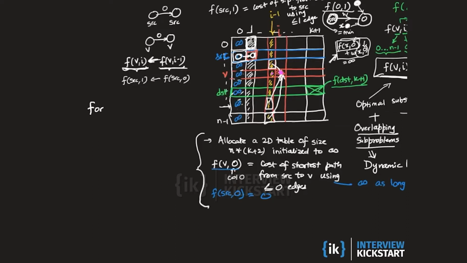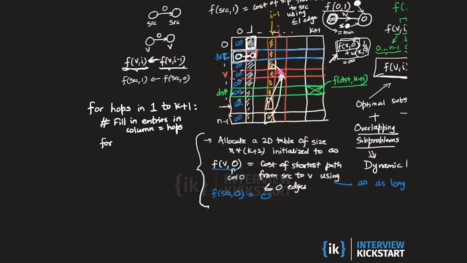So let's say for the hops varying from 1 to k plus 1, or the column number varying from 1 to k plus 1, we have to write the code here now to fill in the entries in the column corresponding to whatever the hops variable is. So how do we do that? Well, we'll first start out by initializing the whole column to the column on the immediate left.